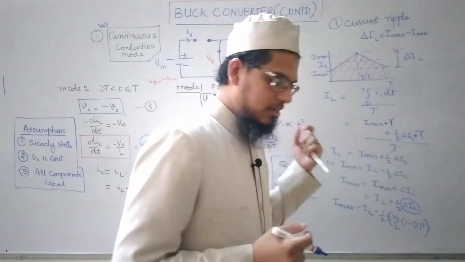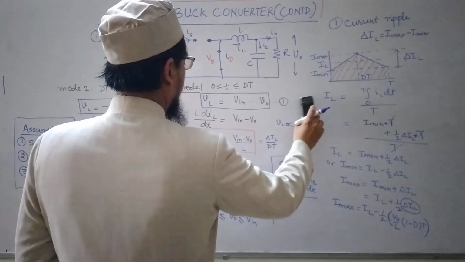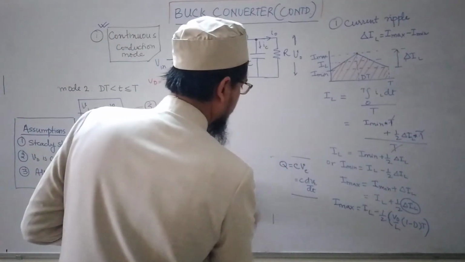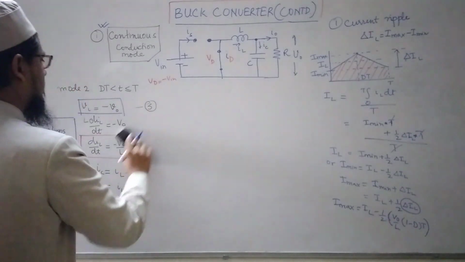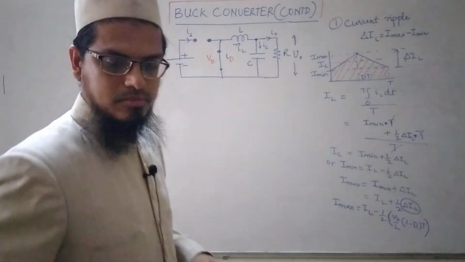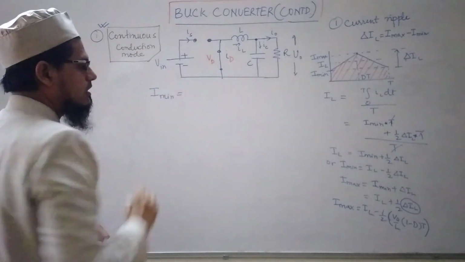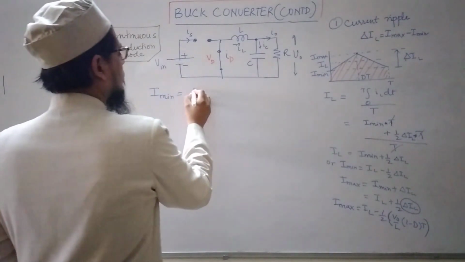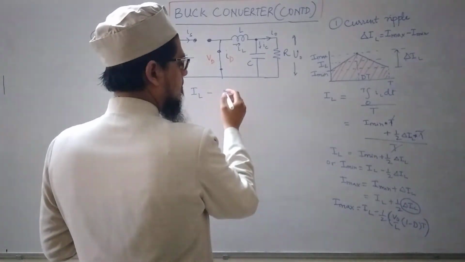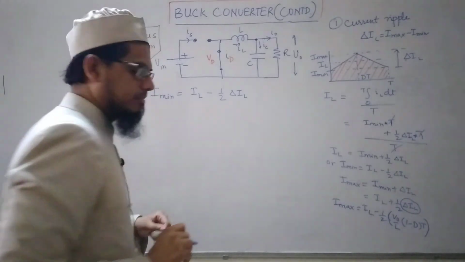So I have to find out I min. Okay, so let me just erase the things here. So I min is equal to IL minus half of delta IL. Okay.